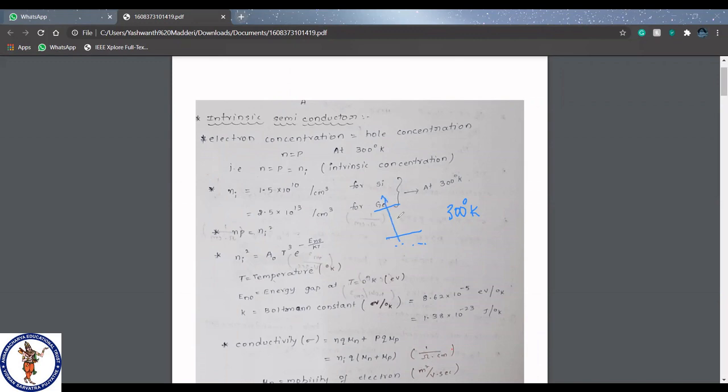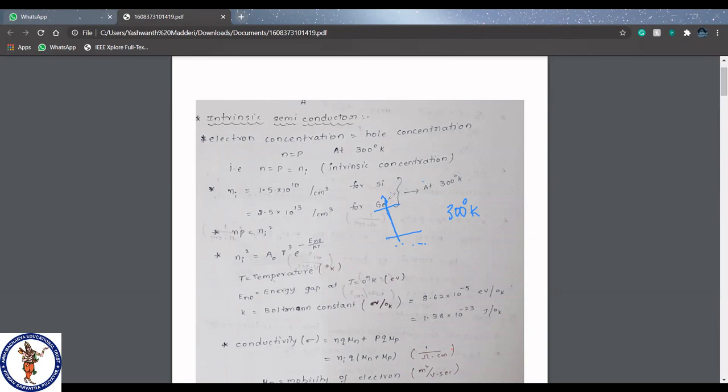I repeat, at 0 kelvins, no electron will move from the valency band to the conduction band. That is the reason there is no current at all in the intrinsic semiconductor at 0 kelvins. At 300 kelvins, some of the electrons can move from the valency band to the conduction band.